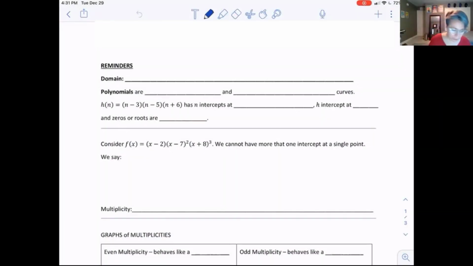Again, a few more reminders. The domain represents the set of all possible input values, so those are generally our x values. And polynomials, if we graph them, are smooth and continuous curves.